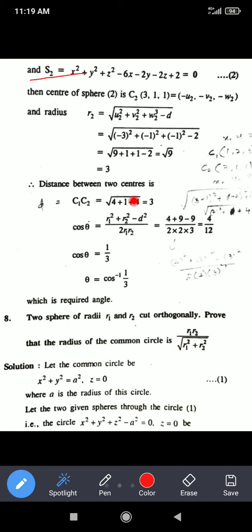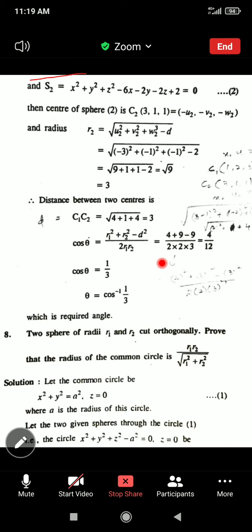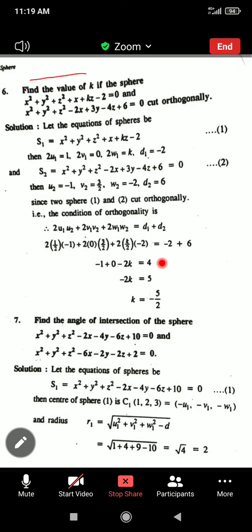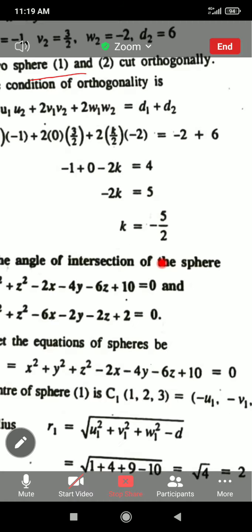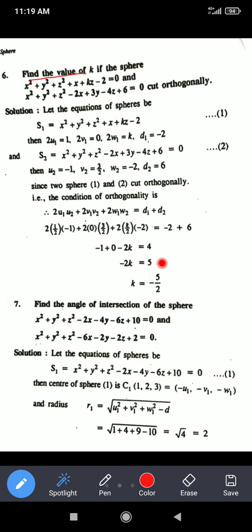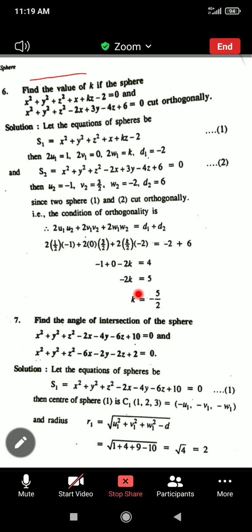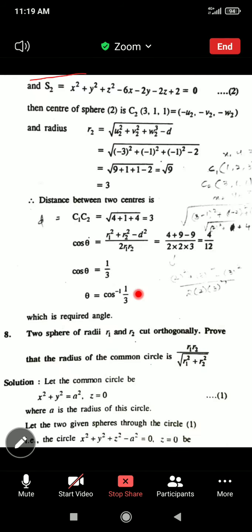So using that formula, here the first center is 3, 1, 1 and the other values we know already: that is 1, 2, 3. Now subtract these and square. We get 4 plus 1 plus 4.